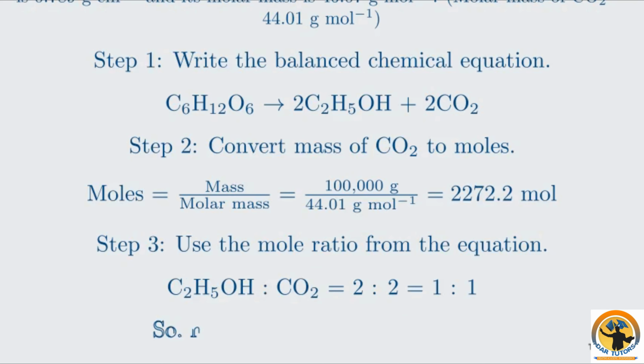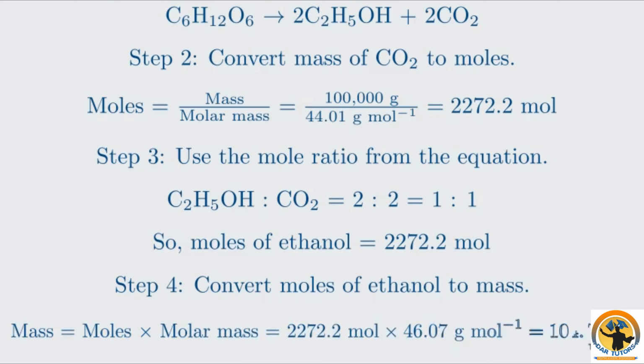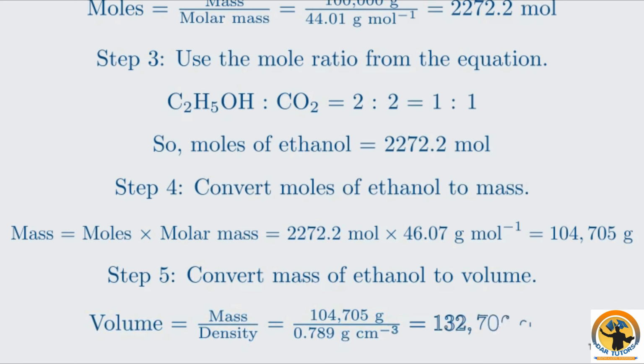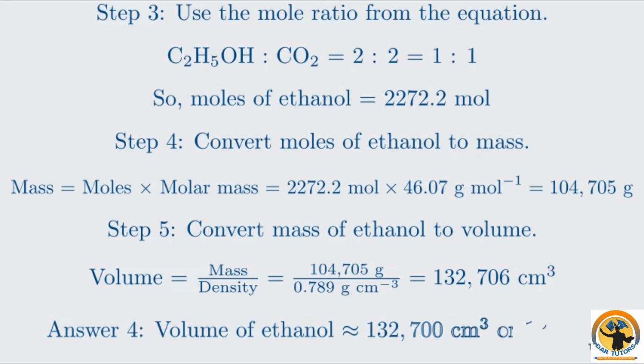From the equation, 2 moles of ethanol produce 2 moles of CO2. So 2272.2 moles of CO2 must have been produced from the same number of moles of ethanol. Now we convert the moles of ethanol to mass. Finally, we convert the mass of ethanol to its volume using its density. The volume of ethanol required is approximately 132,700 cm3 or 132.7 liters.